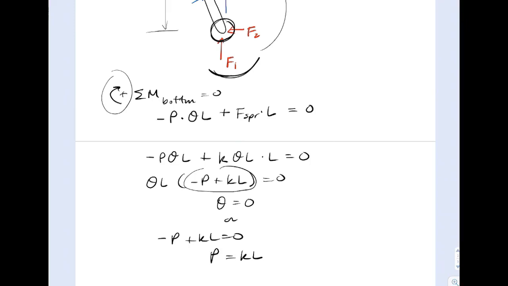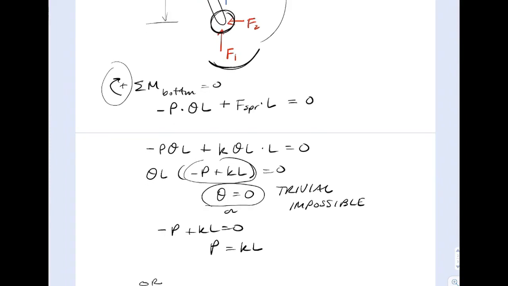Talking a little bit more, this theta equals 0 really would be the trivial solution back in calculus class. Here in engineering, it would be impossible that this structure would have theta equal exactly 0 for all time. So really, this is the conclusion that we come up with.